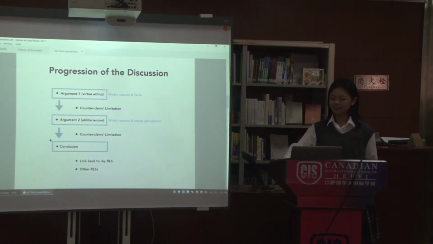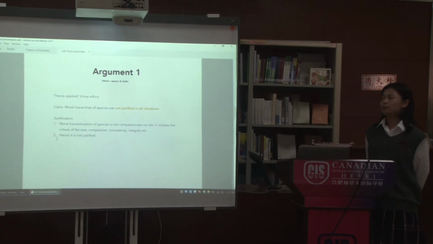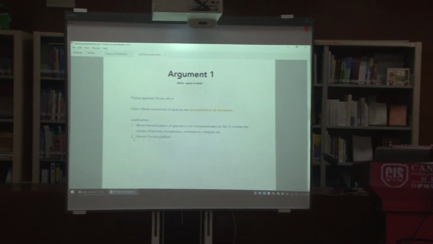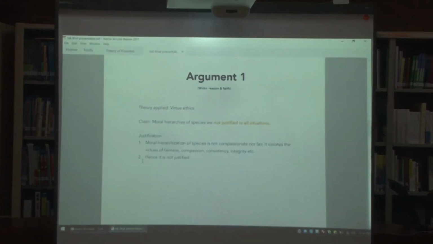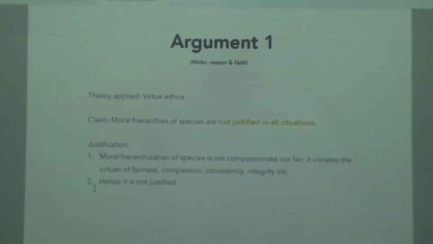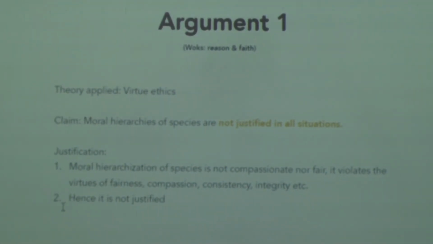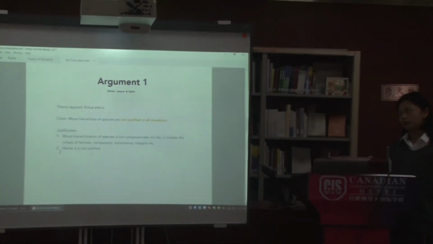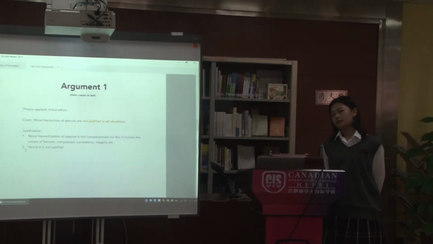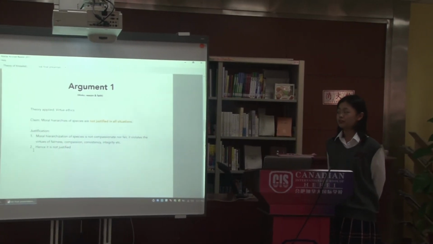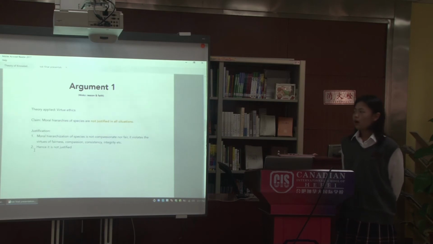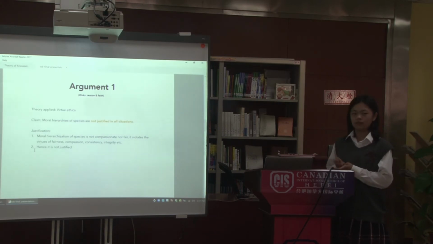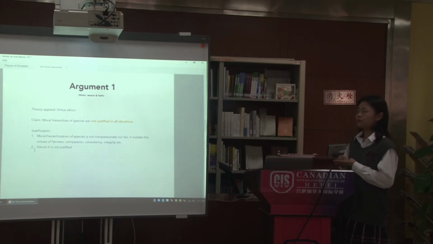This is the first argument, based on the theory of virtue ethics. Virtue ethics requires people to prioritize actions based on how they conform to the principle of being a virtuous individual. For example, qualities like compassion, respect, and honesty that are considered virtues are the core idea of this theory, and actions that conform to those qualities will be prioritized over those that don't.